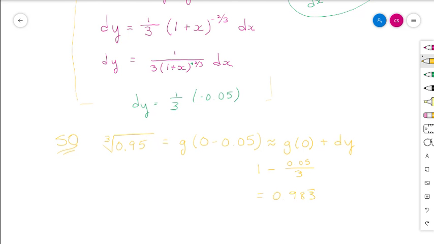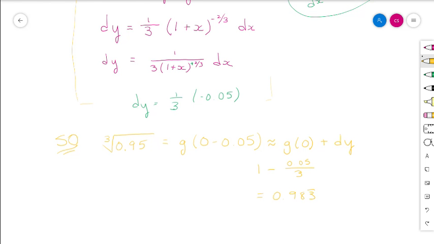Now we should be fairly comfortable using the tangent line to estimate values on the function close to a. And now we know the motivation behind it. It's easier to calculate values on the tangent line versus the curve of the function in some situations. And so now we're going to look at some applications.